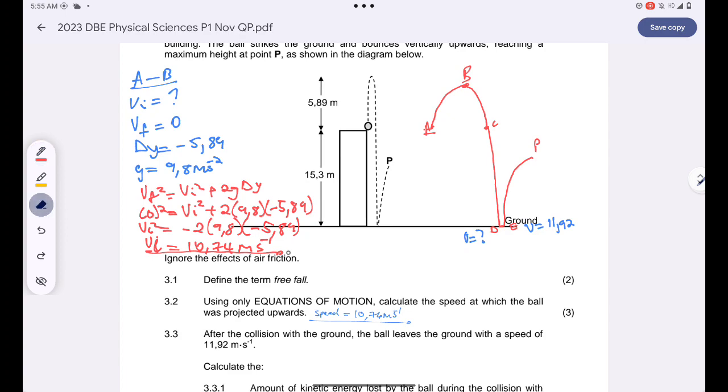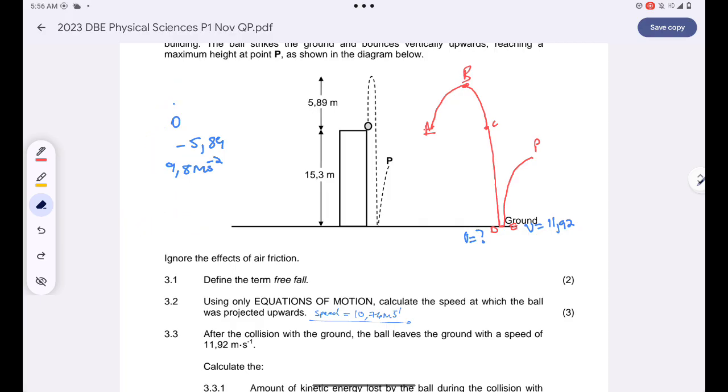We can simply use the information from point B to D. I know that the initial velocity, whenever my ball is at maximum height, is 0 meters per second, right? I don't know the final velocity, which is what I'm looking for, because for me to find the kinetic energy lost, I need to know the velocity of the ball before the collision, because I'm given the velocity of the ball after collision.